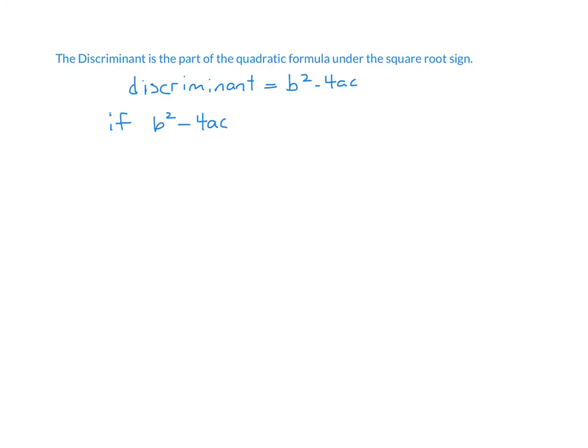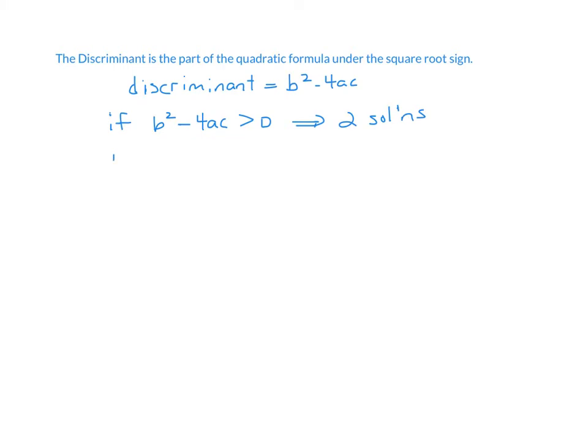All right, so the discriminant is the part of the quadratic formula under the square root sign. Your discriminant is that b squared minus 4ac piece of the quadratic formula. If b squared minus 4ac is positive, or greater than 0, there will be two solutions or two x-intercepts for your parabola.